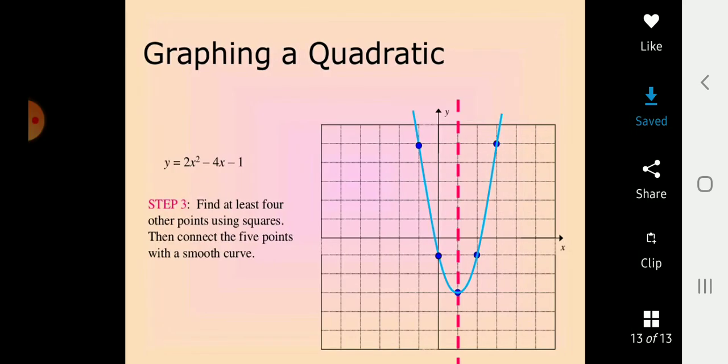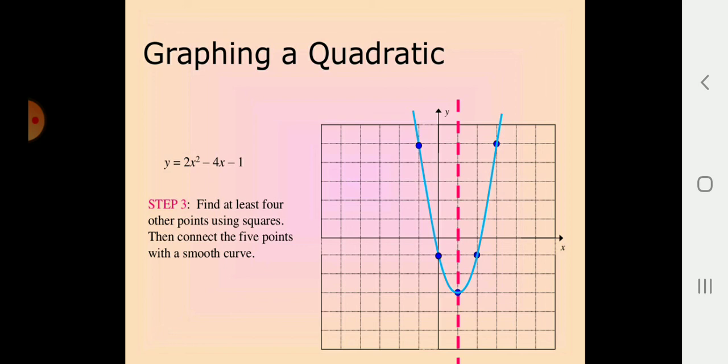So y equals 2x squared minus 4x minus 1. So step 3, find the other points using a table of values, then connect the 5 points with a smooth curve.